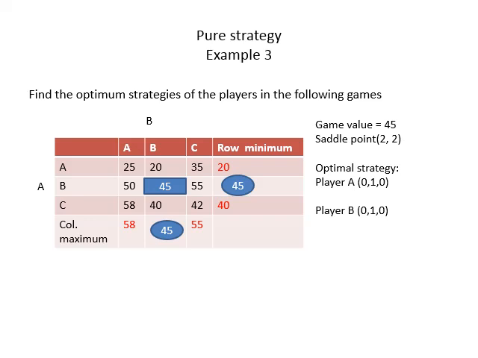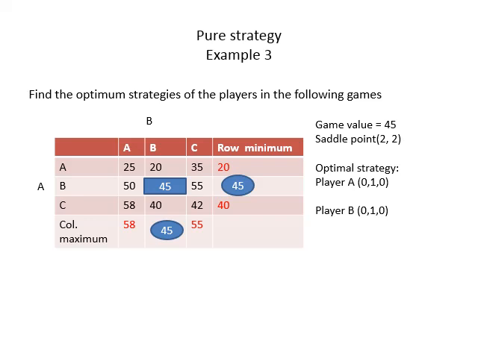The first step is to apply the row minimum. The least value in the first row is 20. The least value in the second row is 45. 45 is less than 50 and less than 55.